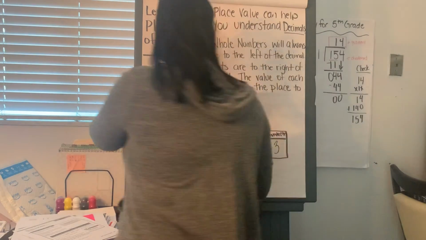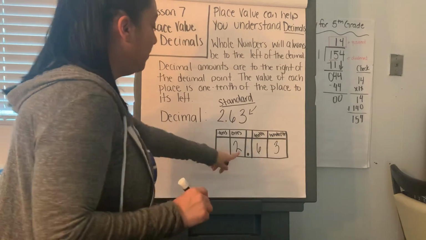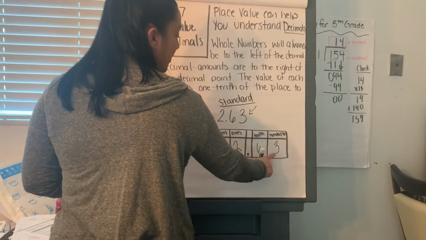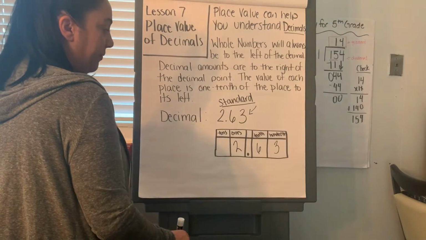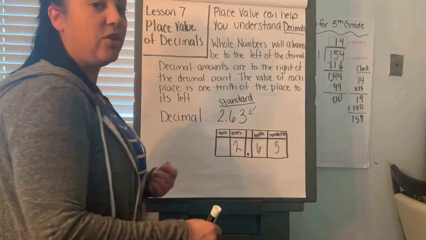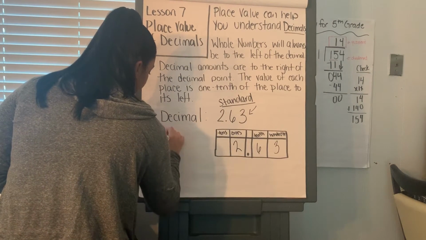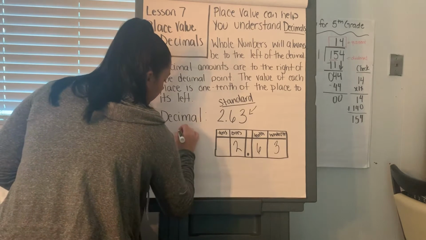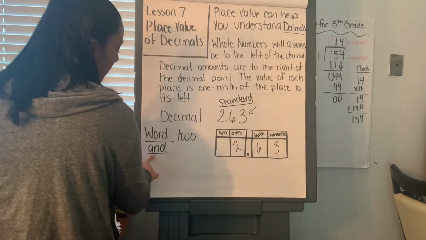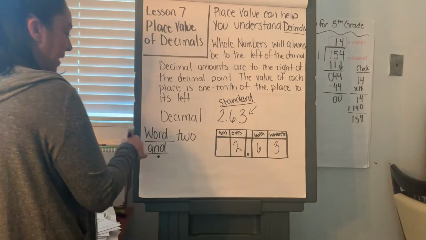Now, the next way would be your word form. The way that you read this is 2 and 63 hundredths. So your word form would be 2 and 63, and the word and is very important because the word and signals a decimal.